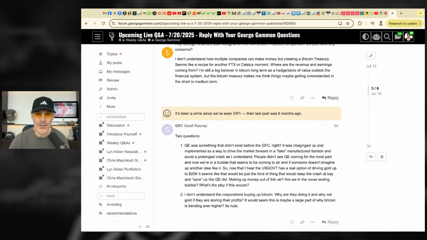You have to make your interest payments. And I get it. Not all the debt they take on would fall into this category, but a lot of it does, right? So you have to have cash flow in order to service the debt. Now, a lot of these companies don't have the cash flow.